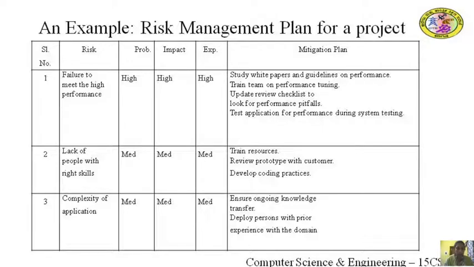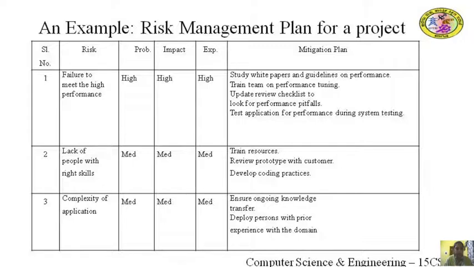Risk number 2 identified here is lack of people with right skills, which has the probability of occurrence as medium, impact as medium and exposure as medium. The mitigation plan for this risk is to train the resources, to review the prototype with customer, and to develop the coding practices.